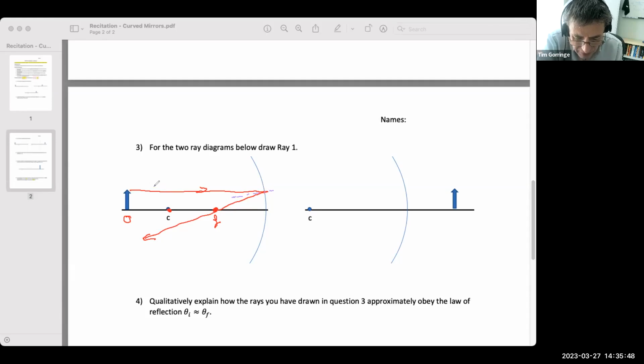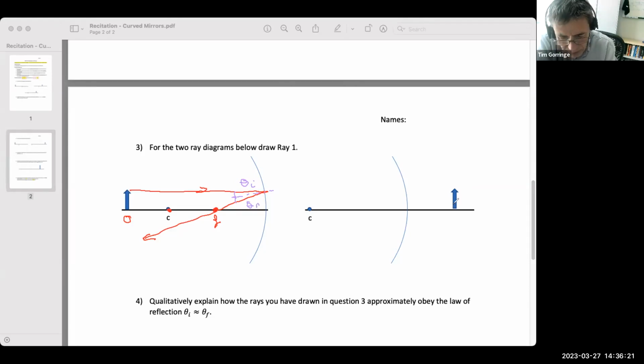What we see is that this way of constructing this ray, parallel in through the focal point out, naturally leads us to a ray where the incident angle, measured with respect to the normal, this little angle upstairs here, equals the reflected angle measured with respect to the normal. So we see here that theta I upstairs, theta R downstairs, the incident and reflected angles are equal. That's the law of reflection.